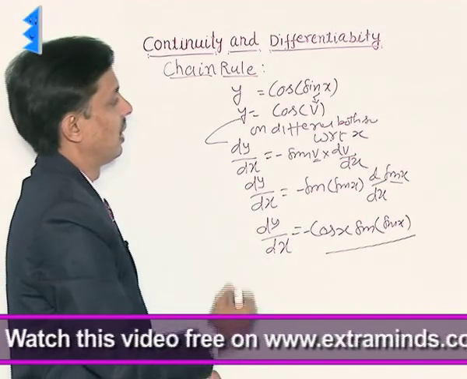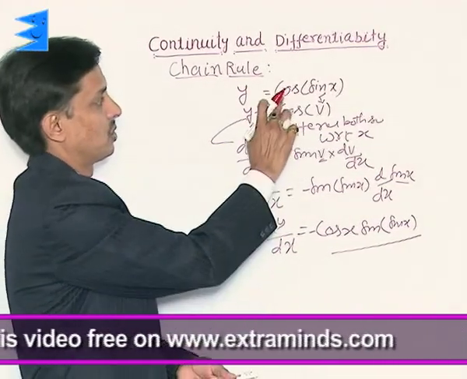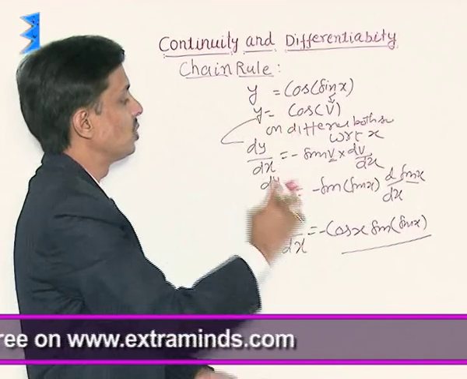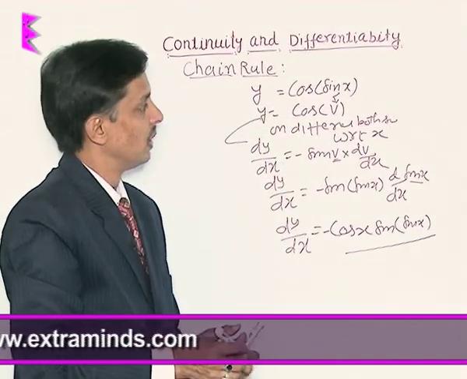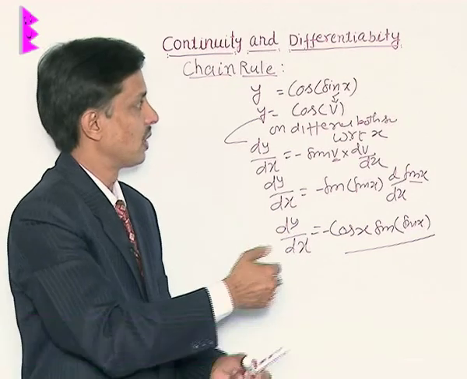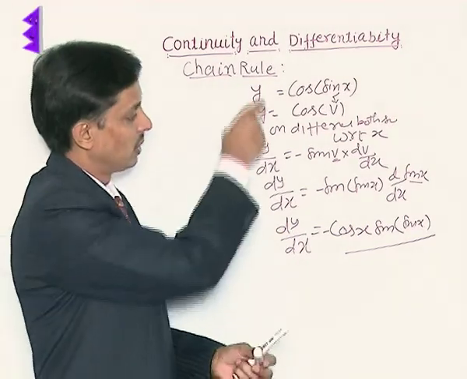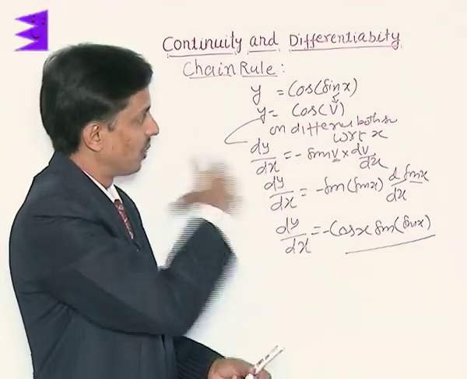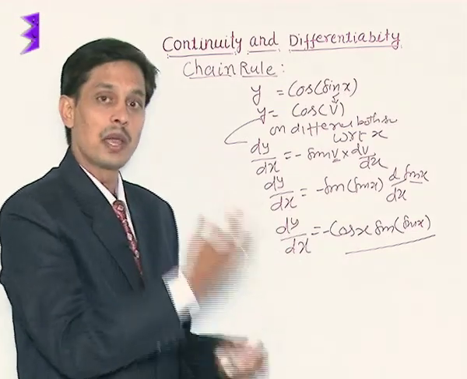So this is the net derivative of the function cos of sin x using the concept of chain rule. So chain rule is nothing but a successive process of differentiating the things in the functions in their respective order.